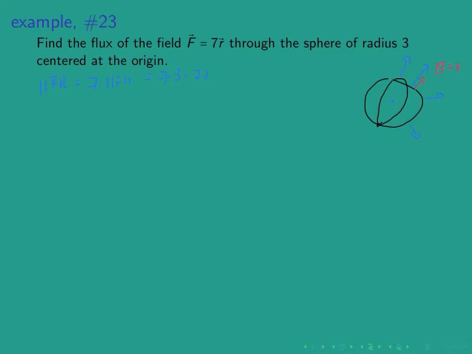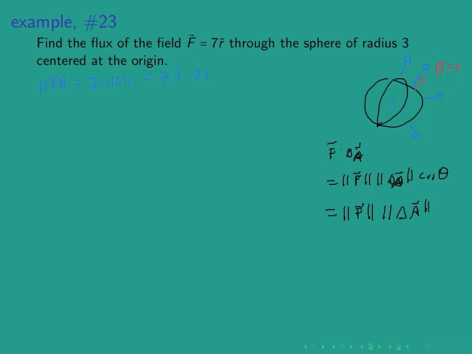So when we calculate F dot delta A, that's equal to the magnitude of F times the magnitude of delta A times the cosine of the angle between them. But if that angle is 0, then cosine of 0 is 1, and we simply get the magnitude of the vector field, which we know is constant, times the magnitude of delta A.